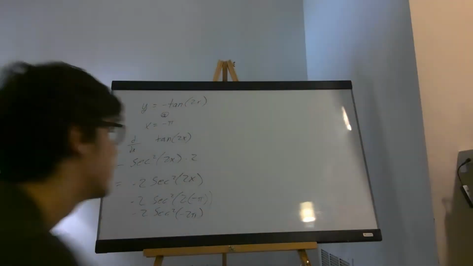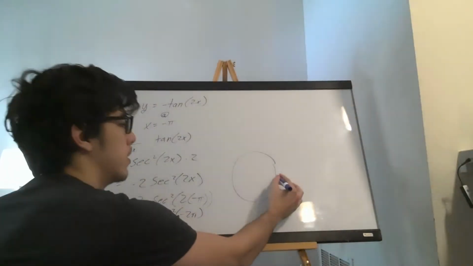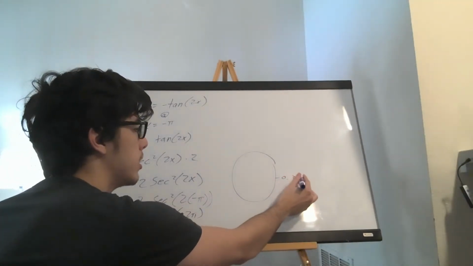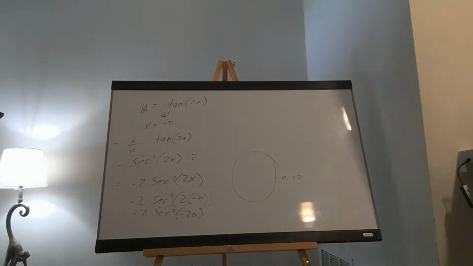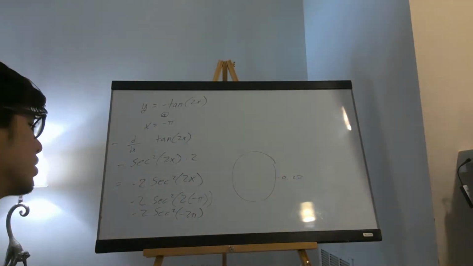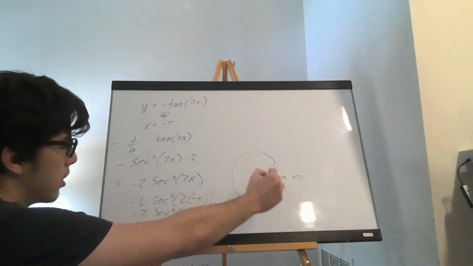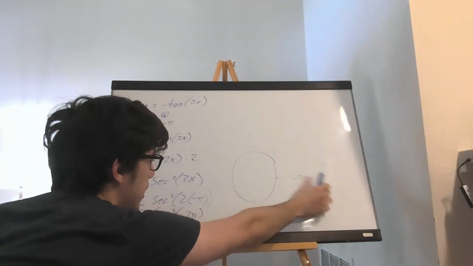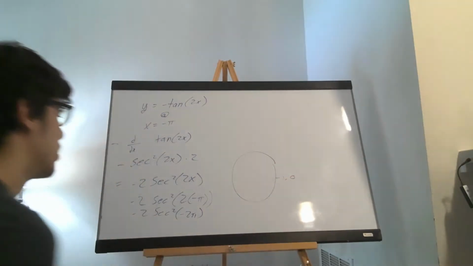Because if you think about it, on the unit circle, 0 and 2 pi are the same thing, so negative 2 pi is going to be in the same spot as well. So negative 2 pi, secant, so that's going to be 1, 0.